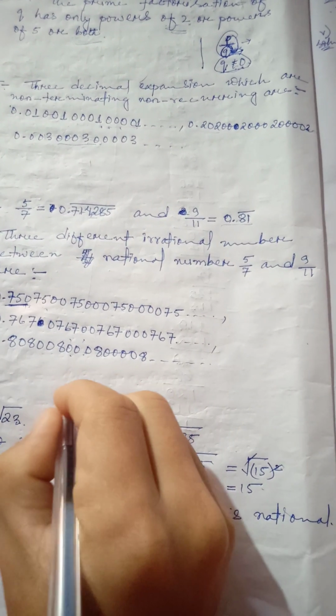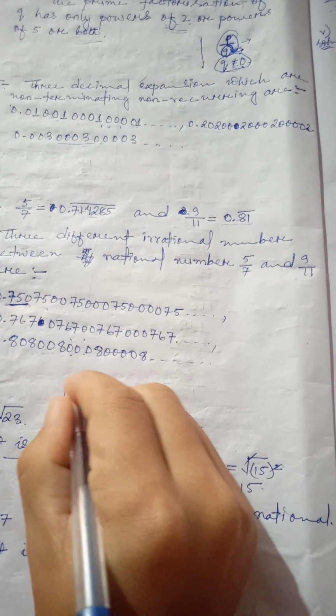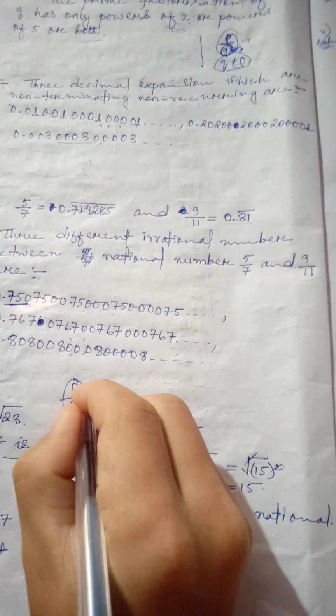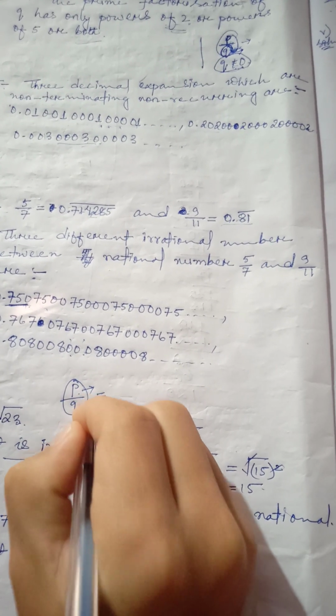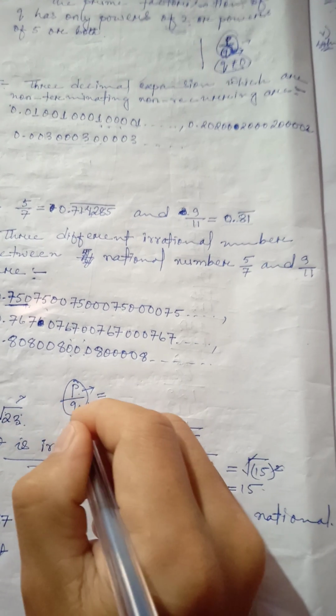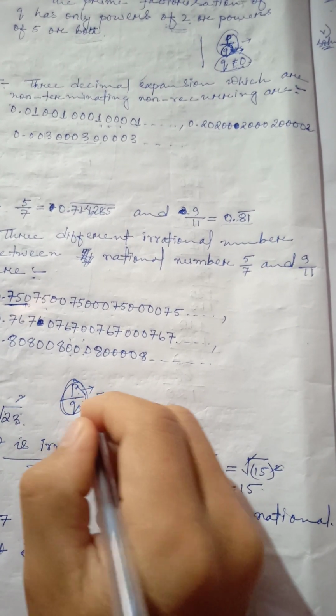For a number to be rational, it has to satisfy the p by q condition, provided p and q are integers. Actually, root 23 is not an integer. That means it is not a rational number.